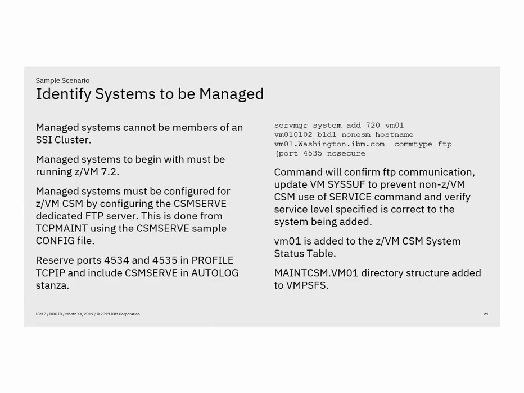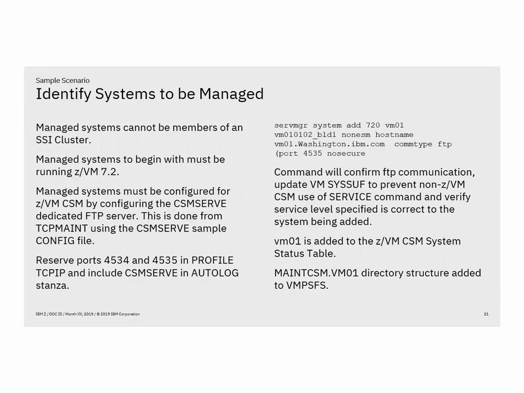Now, once I've done that, I'm able to potentially add a managed system to CSM. Before I add the managed system, I need to do some configuration work on that managed system. I need to configure the CSM serve virtual machine as a TCP/IP FTP server.